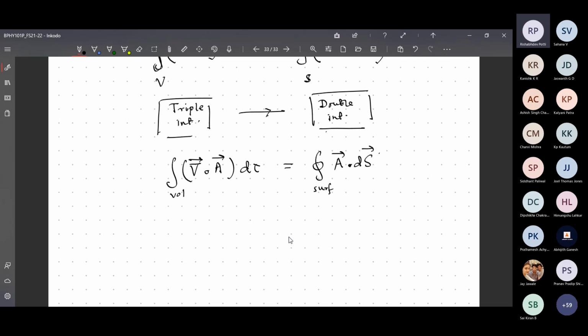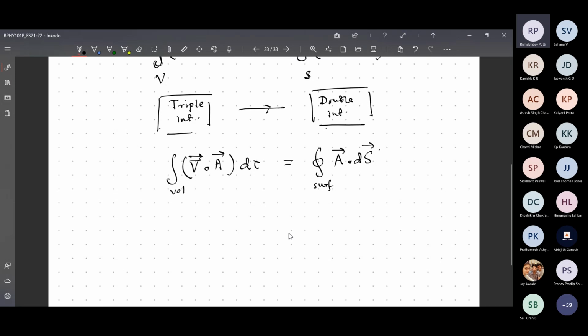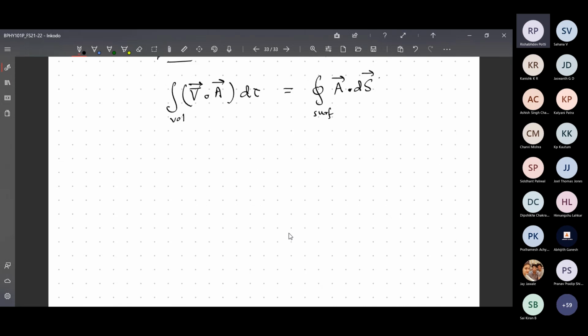So let us say what the theorem says. It says the integral of a derivative. Let me write it down rather than saying it. The theorem says the integral of a derivative.